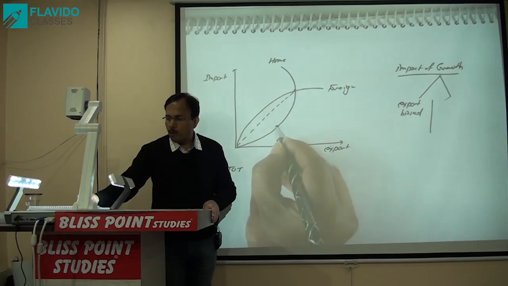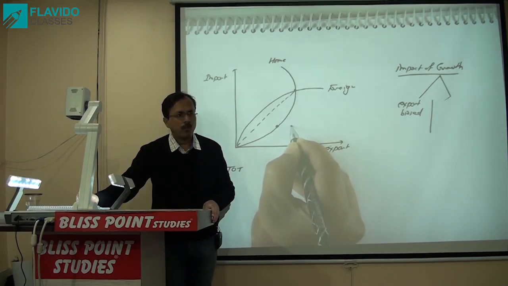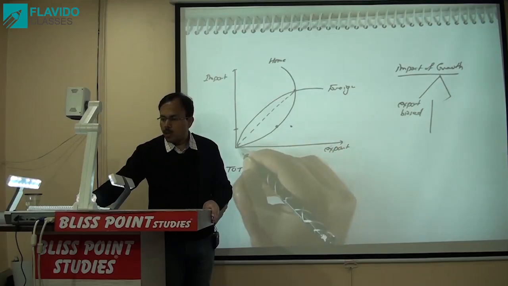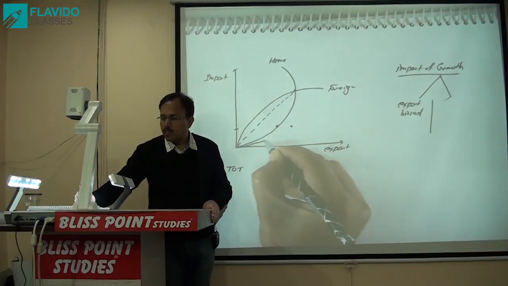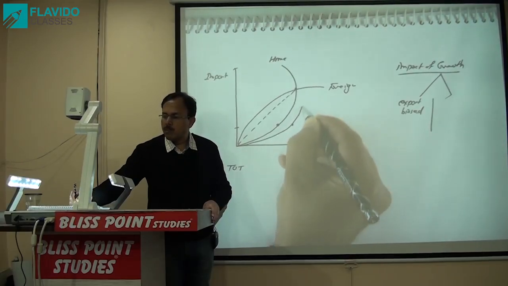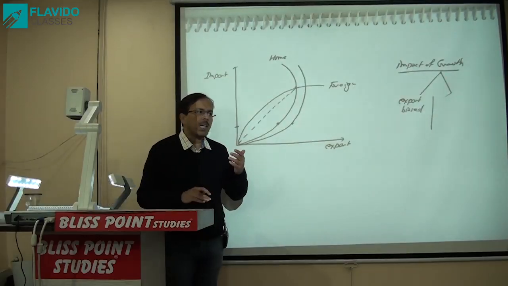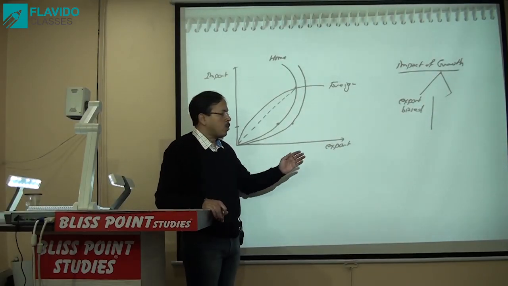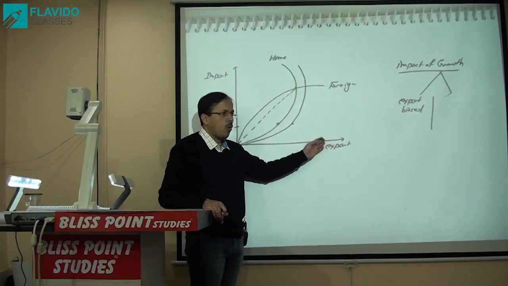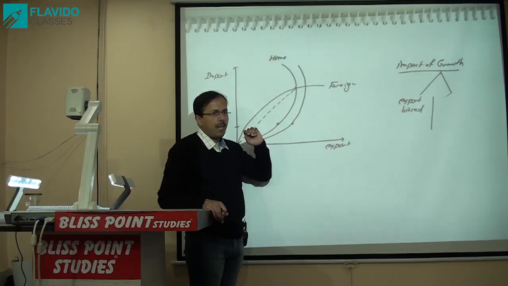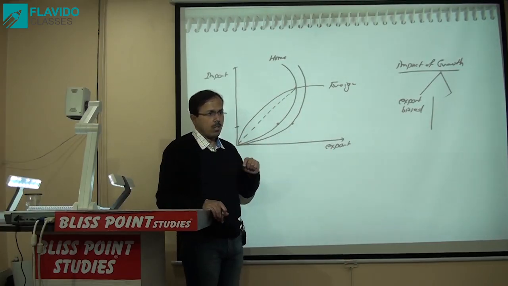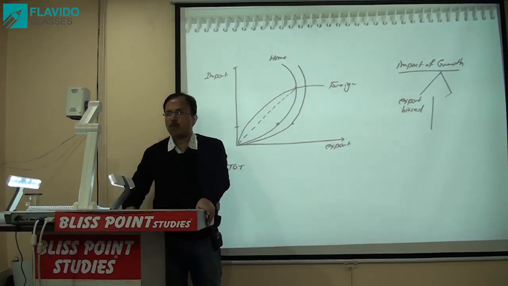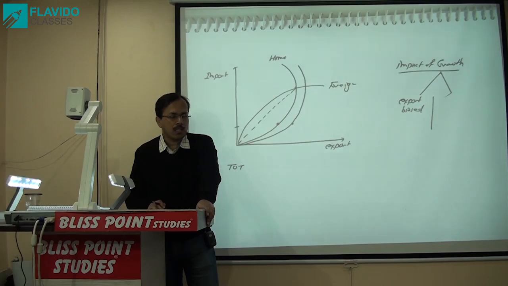So the point will be to the right of it now. You have to export more to have the same quantity of import. So this offer curve shifts outward. Simple point to note, the offer curve will always shift in that direction, whether it will shift towards the export axis or towards the import axis. In the case of export bias growth it will be towards the export axis. In the case of import bias growth it will be towards the import axis.